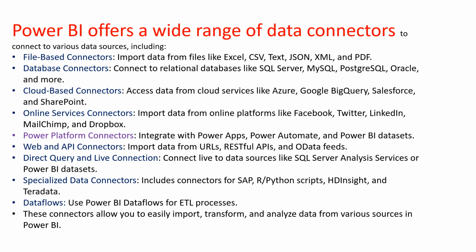Dataflows: use Power BI dataflows for ETL processes. These are the wide range of data connectors we use in Power BI, and they are very useful and allow us to easily import, transform and analyze data from various sources.